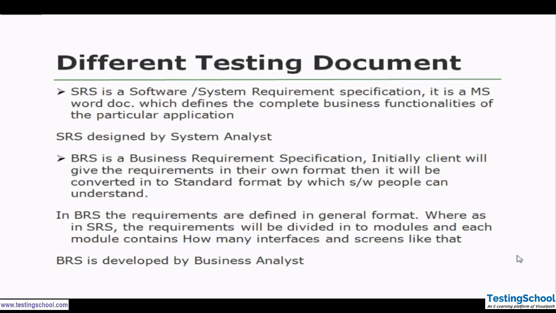The BRS is a general document where the requirement will be divided into modules, and each module contains how many interfaces or screens. Like the architects give this document, and to show how your UI will look, they give certain screenshots in this particular document. So BRS is developed by the business analyst.